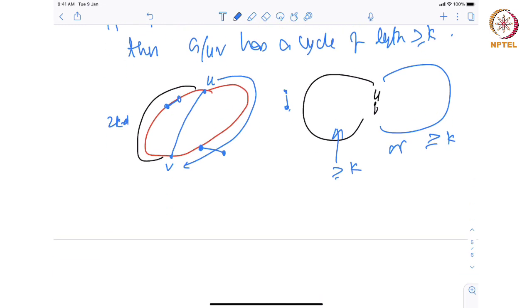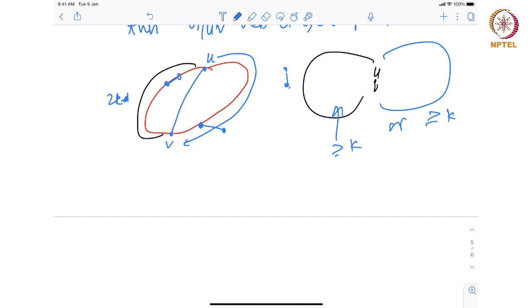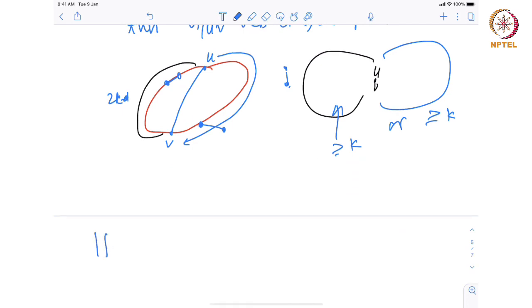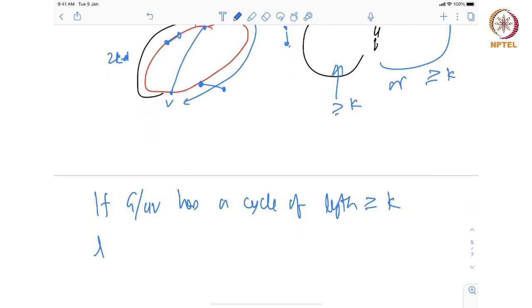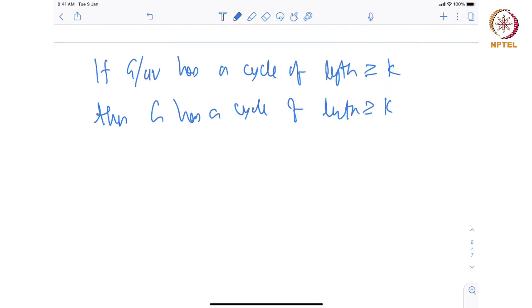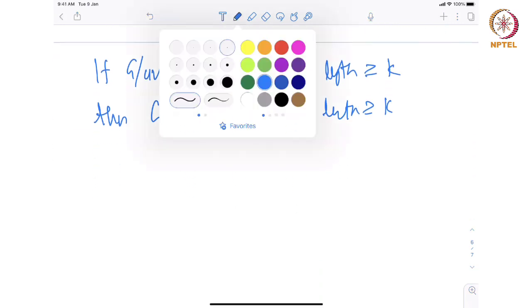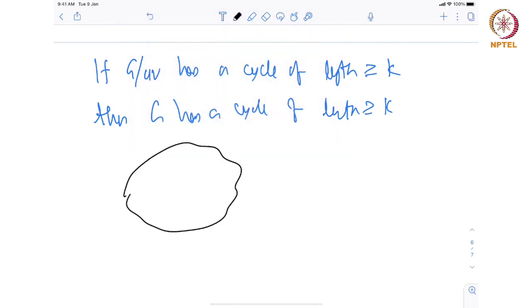Great. But what more do we do? If G contracted uv has a cycle of length greater than or equal to k, then G has a cycle of length greater than or equal to k. Why? Because look at this cycle in G contracted uv.